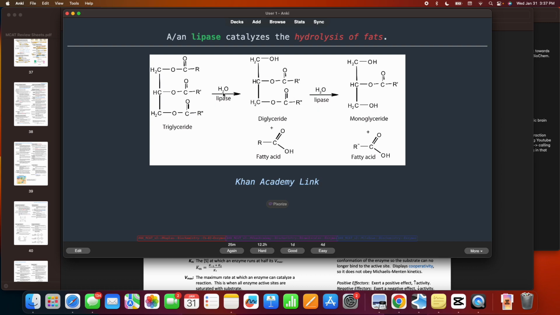It's breaking this carbon-carbon bond here, I believe. Am I right? Oh, it's cutting the oxygen-carbon bond here, and the H from the water attaches here, which makes the OH.